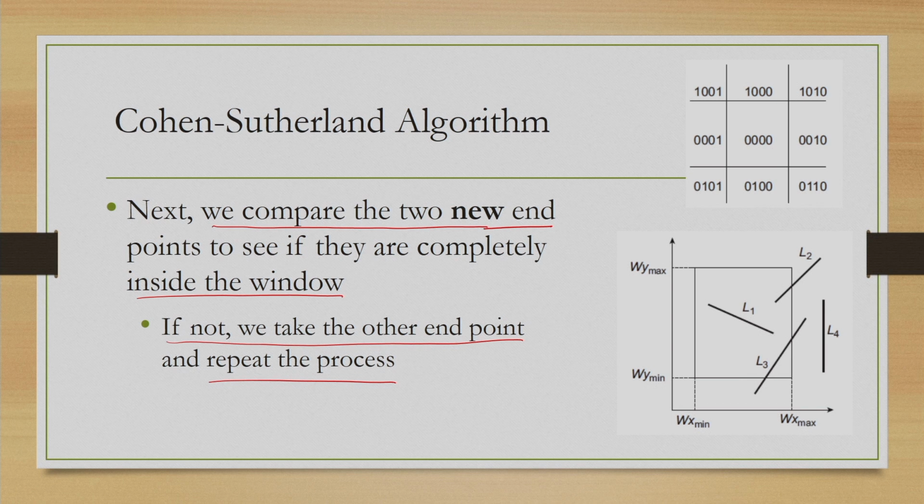So, what do we do in step 3? In step 3, we go for clipping the line. We start with one endpoint and assign the region code, which is already there. We check the region code with respect to all the boundaries following a particular sequence, and based on that check we determine if the line is intersecting a particular boundary. If that is so, then we use the line equations and the boundary equations to solve for the intersection point.